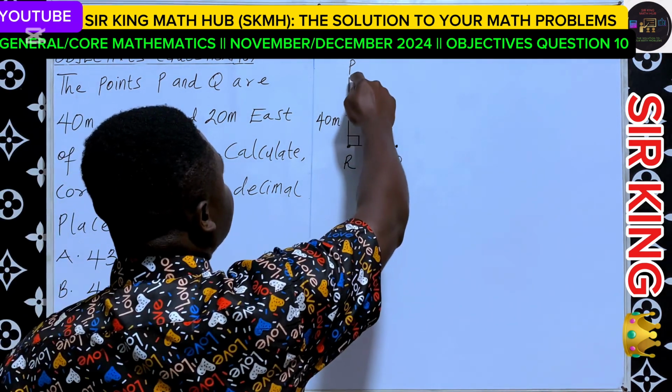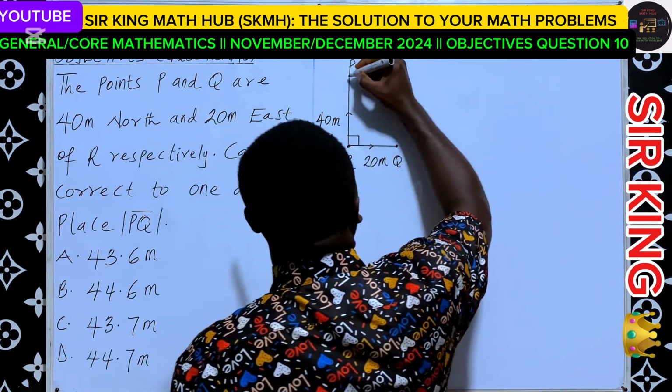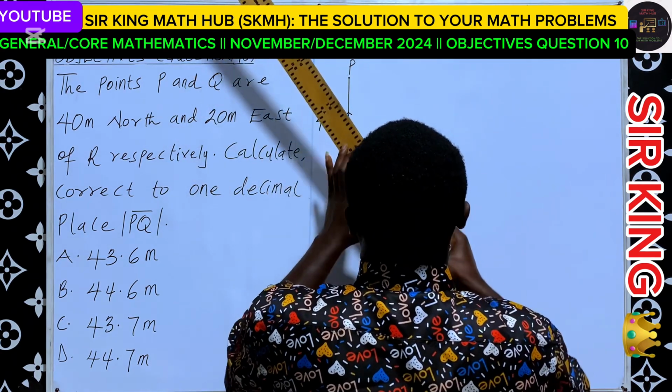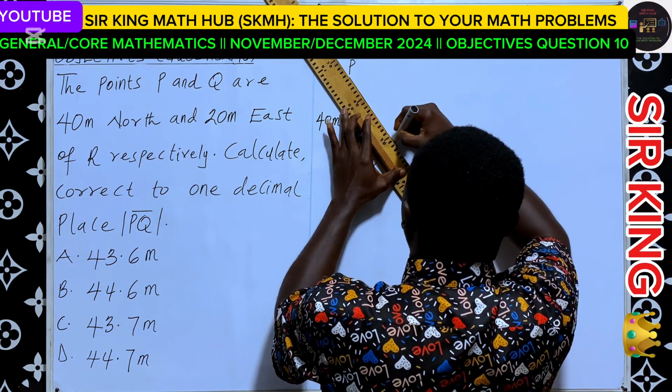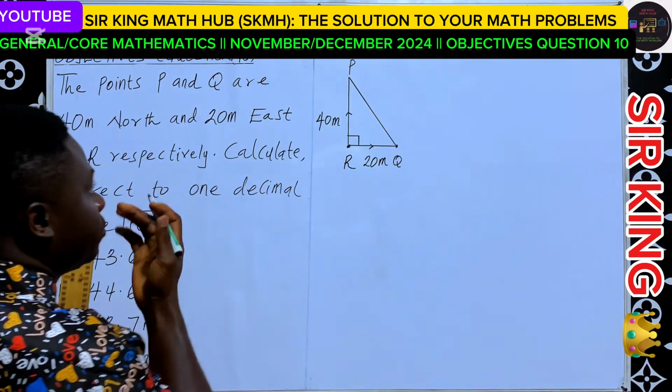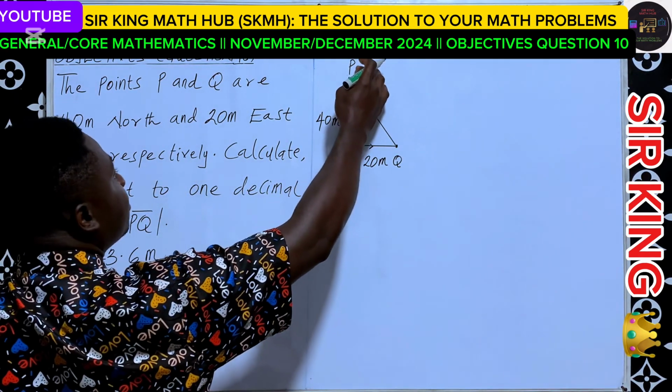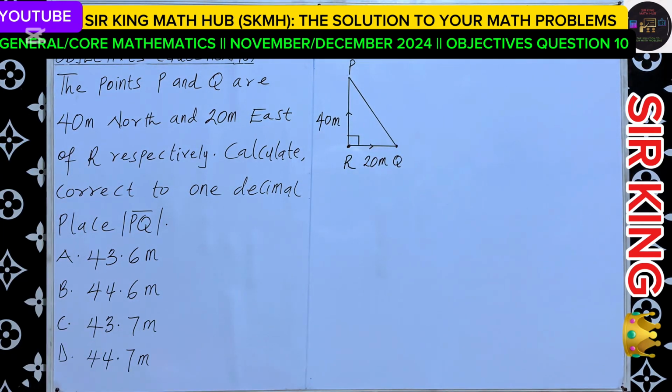So how do we get line PQ? We need to join the two points, point P and point Q. Let's join them. So we are looking for the length of line PQ.